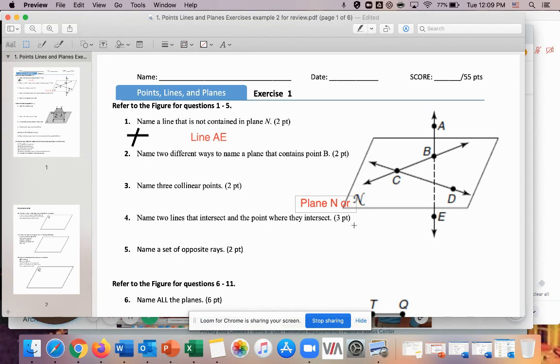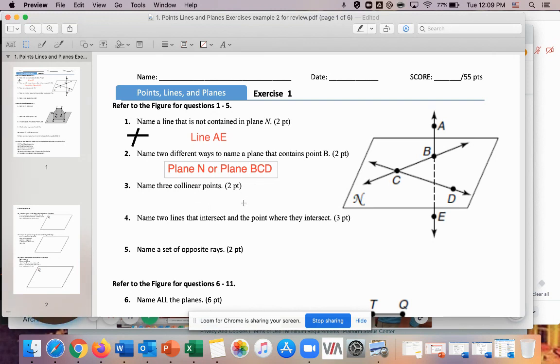Or you can always name a plane by 3 non-collinear points on the plane. There's only 3 points on here, so you can call it plane BCD. And that should give you the correct answer. Don't forget to put plane in front of it, or draw the symbol of a plane.